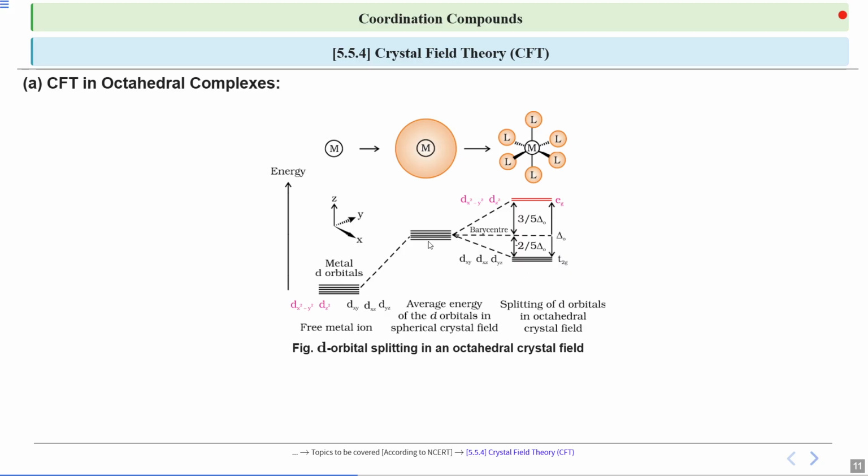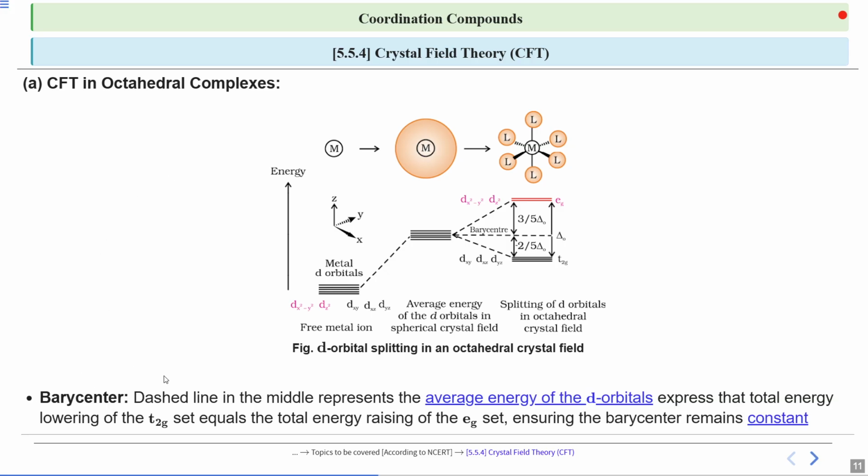The d orbital average energy is rising by 3/5 delta naught to give us the EG set, and it is lowering by 2/5 delta naught, or minus 2/5 delta naught, to give us the T2G set of the non-degenerate d orbitals. So this is what this image is explaining. Now, barycenter: you can observe here we have written barycenter.